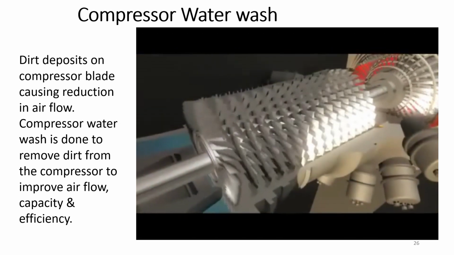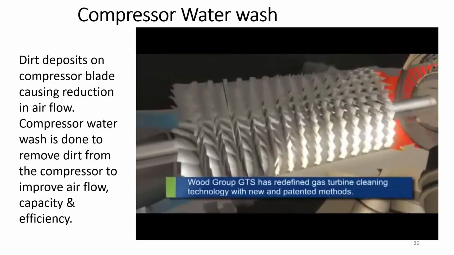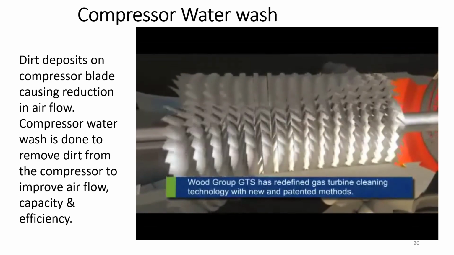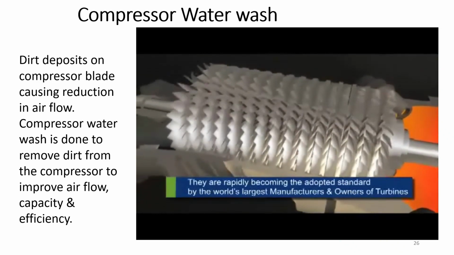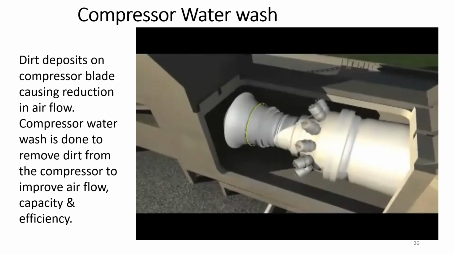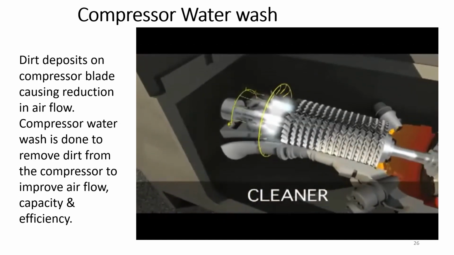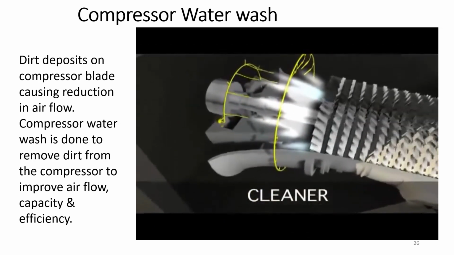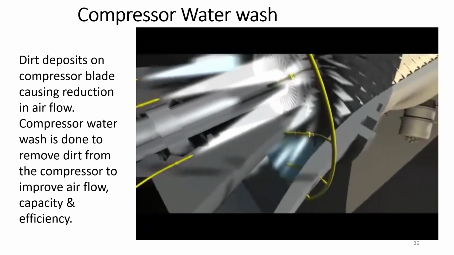Keeping the compressor section clean is critical. A clean compressor has been shown to reduce fuel consumption, significantly contribute to environmental compliance programs, reduce operational costs, and extend maintenance intervals. The development of the Wood Group GTS highly atomized direct injection system has allowed compressor cleaning to achieve a giant step forward in providing a cost-effective and environmentally adapted method.